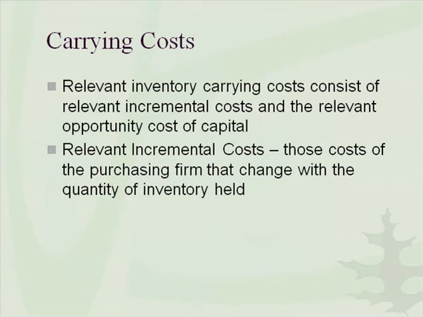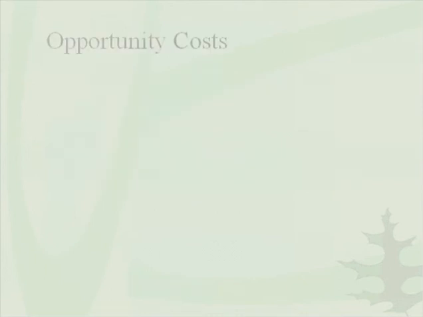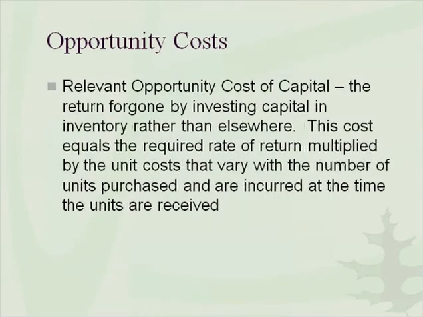Okay, relevant incremental costs are costs of the purchasing firm that change with the quantity of inventory held. Now, the opportunity cost concept represents the opportunity foregone, since we had money tied up in inventory and it could have been used for some other purpose.